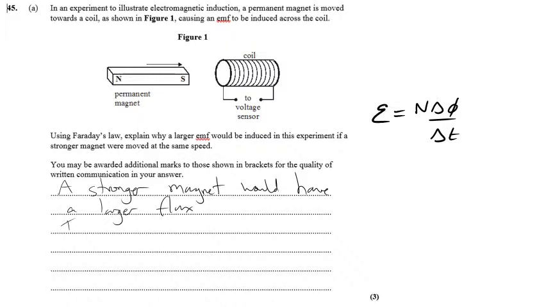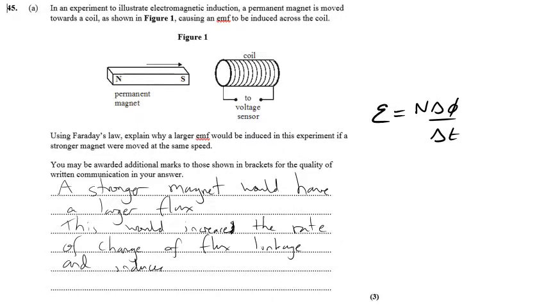This would increase the flux linkage. We can also say this would increase the rate of change of flux linkage, and induced EMF is proportional to the rate of change of flux linkage.